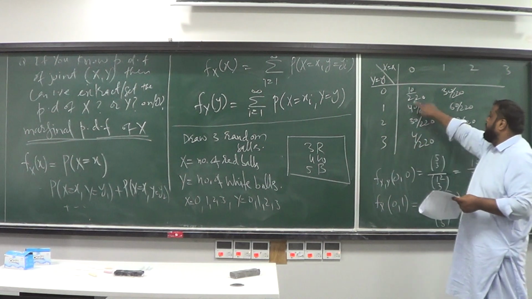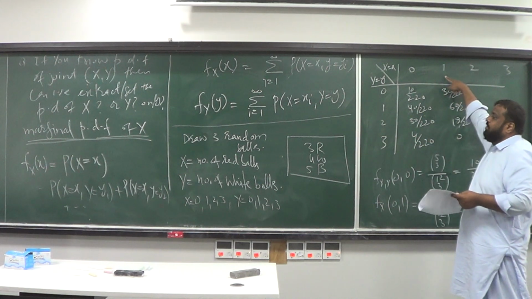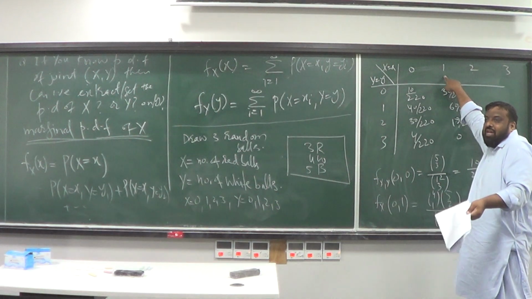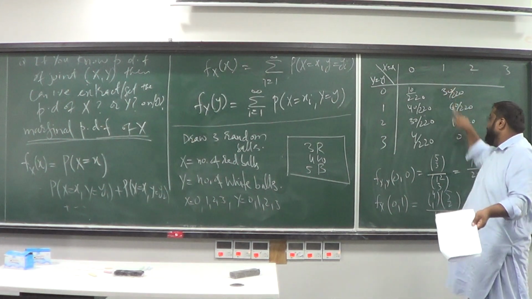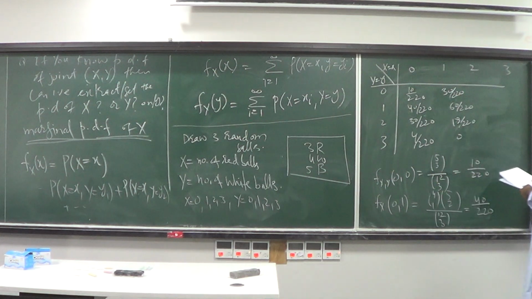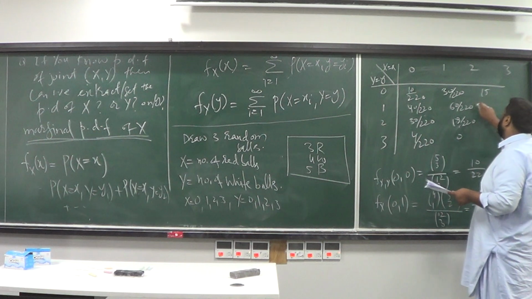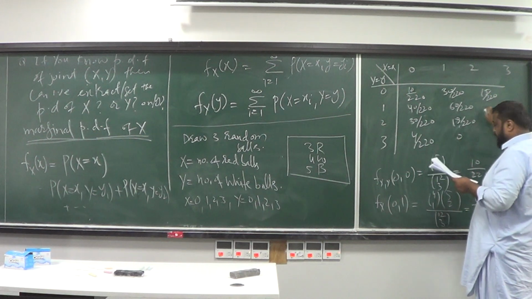So 3 red balls and 1 white ball: out of 3 you can't choose 4. If you pick 3 balls, you can't have 4 balls. So this must be probability 0, and this is going to be 15 by 220.